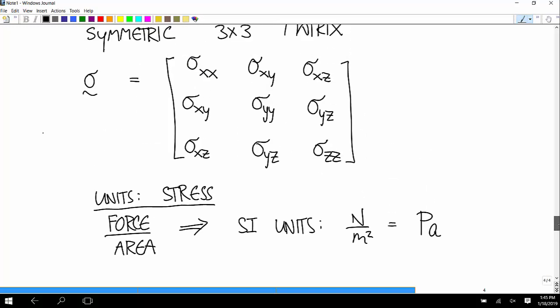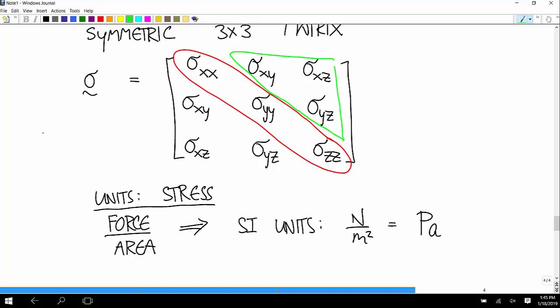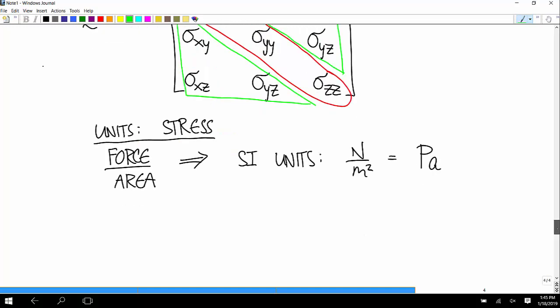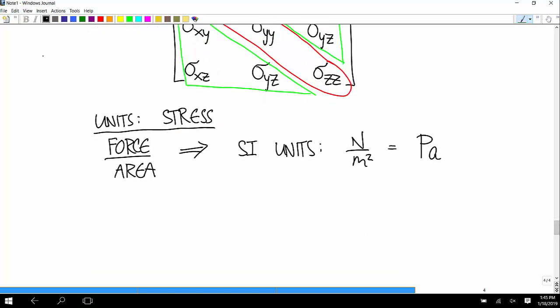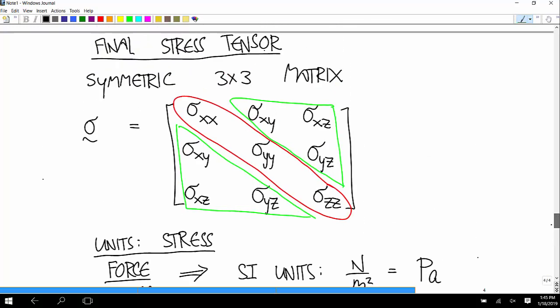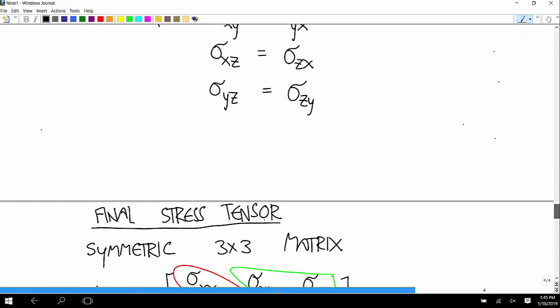The diagonal elements, so let's break it up into diagonal elements and off diagonal elements. So XX, YY, and ZZ are the diagonal elements.